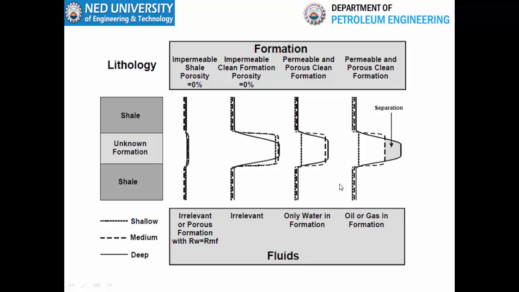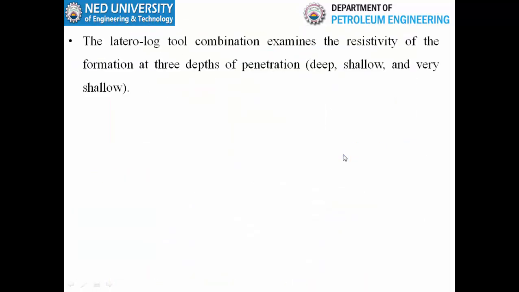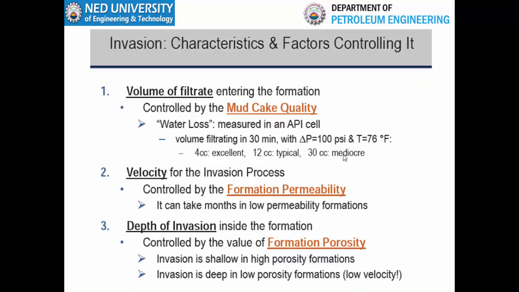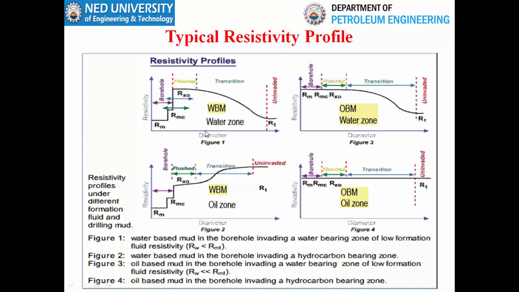So this is another example of how we plot the resistivity profile. As we have seen in these resistivity profiles, we are dealing with water based mud, and if the formation contains water, we will have this type of profile, and if the formation contains oil, we will have this type of separation. So the shallowest will read a low value and the deepest will read a higher value.